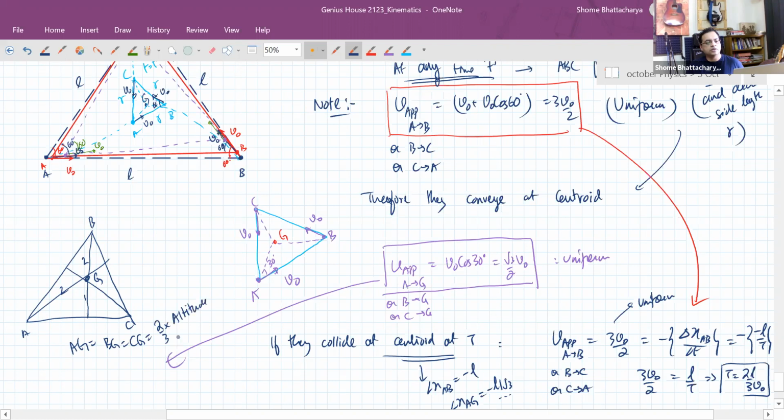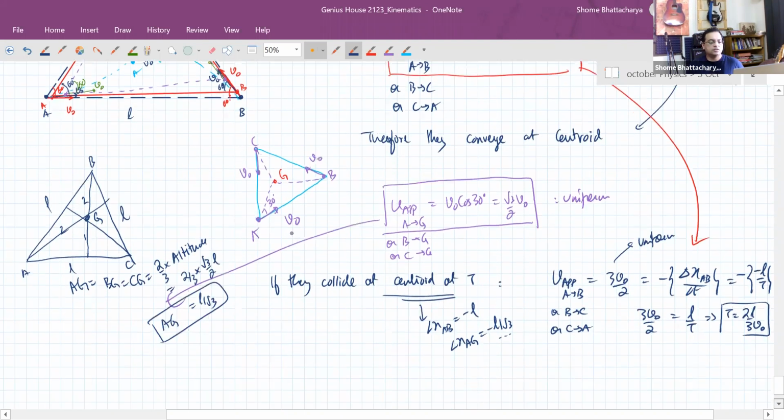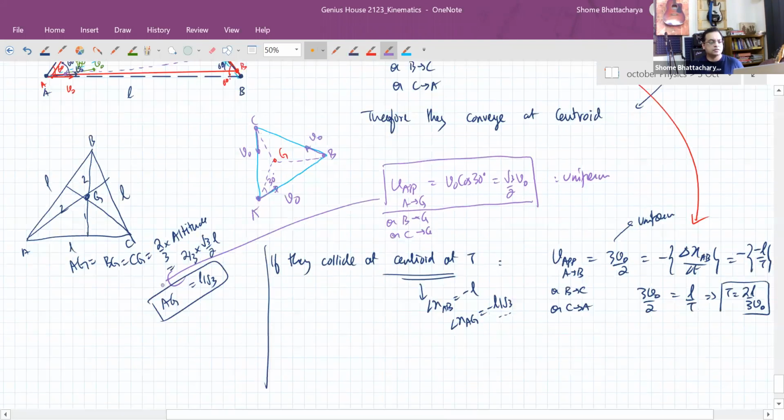And the altitude, if the side length is L, will be L root 3 by 2. So that's how we get this as L by root 3. Now make use of this. Making use of this fact, the rate of approach of A towards G is root 3 by 2 V naught.